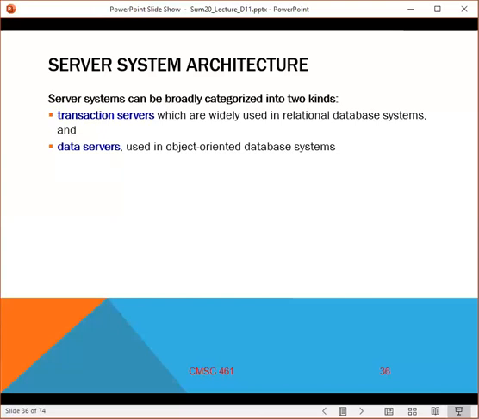So with a transaction server, the programmer no longer had to concern themselves with these. You write your program as if you're writing it for a single user, and you deploy it on a transaction server, and the transaction server is going to handle those issues for you.